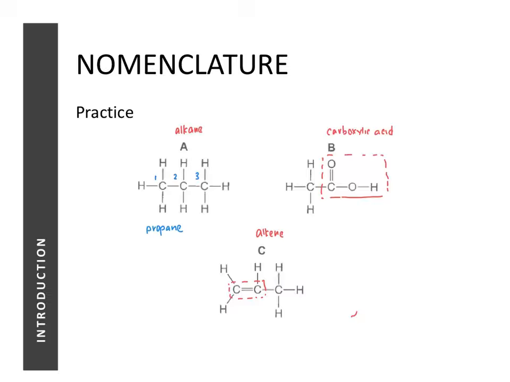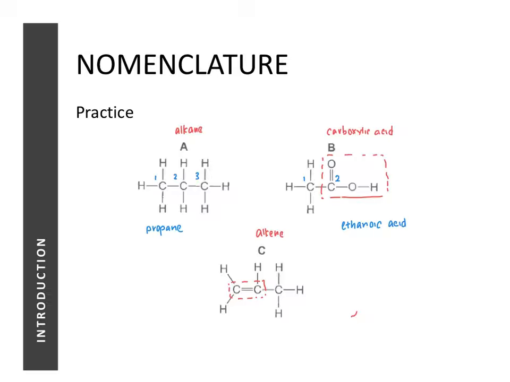Compound B has 2 carbon atoms. For a compound with 2 carbon atoms, the name will start with eth. And since it's a carboxylic acid, it will end with anoic acid. So this is your ethanoic acid, which we have already learned in acids and bases.